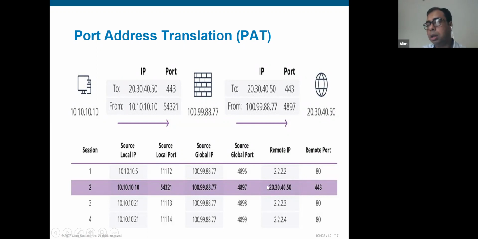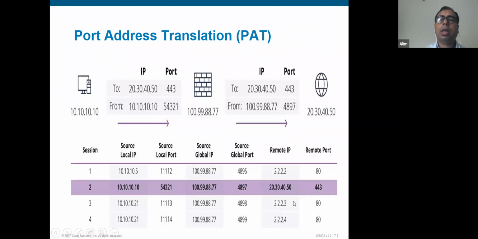So the router or firewall keeps an address translation table, and with this, when return traffic comes to the router, it will again translate and send it to the requester. Okay.